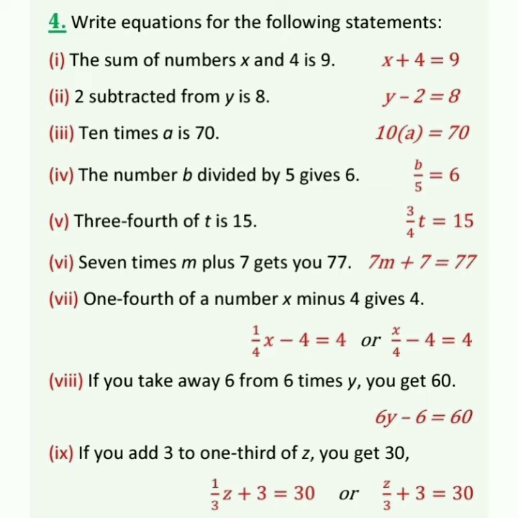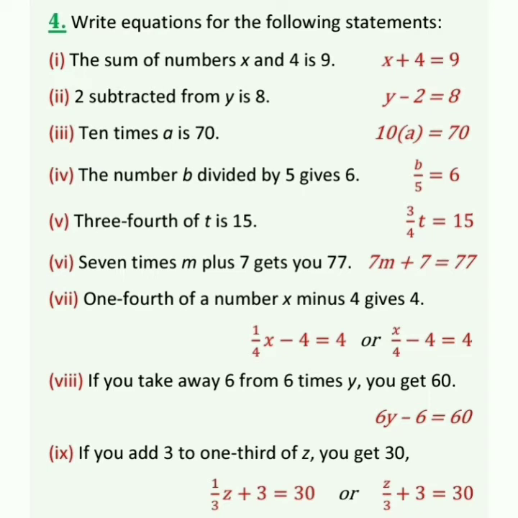Seventh one, 1/4 of a number x minus 4 gives 4. So 1 upon 4 x minus 4 is equal to 4, or x upon 4 minus 4 is equal to 4. Eighth one, if you take away 6 from 6 times y, you get 60. So in mathematical form, 6y minus 6 is equal to 60.